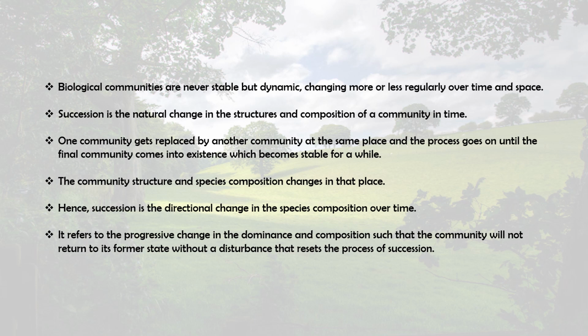So dominance refers to their amount, or the presence of a large amount of particular organism in that area, and thus the progressive changes in the dominance and composition of the community will never return back to its former state without any disturbance, which is called succession.